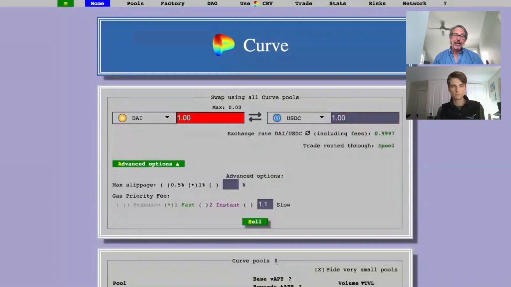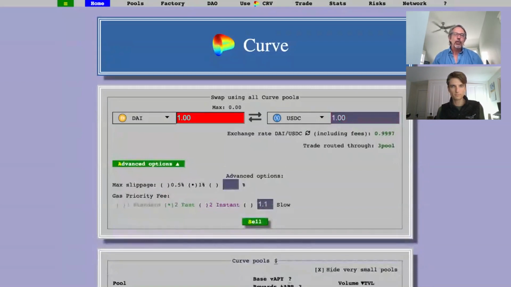Well, the great thing about Curve being stable coins is they're all pegged to a dollar, so there's virtually no impermanent loss. They're both a dollar, so it's the same value in the pair. So that's important to know because with Curve, what you can do is say you're in a pair. I think I have DAI and USDC on here.